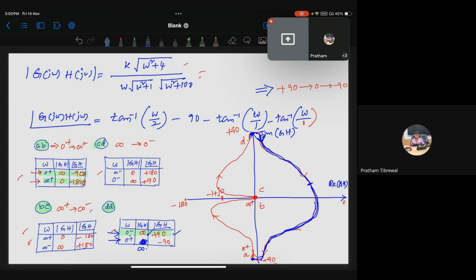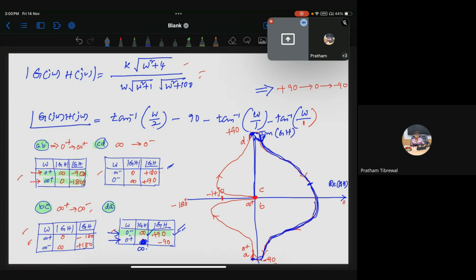It means this line is 90, this line is some 70, this line is 60, this line is some 20, this line is 0, -20, -30. So something like this, till -90. Clear? That's how you will proceed. So first get these values and try to plot yourself, so you'll understand.